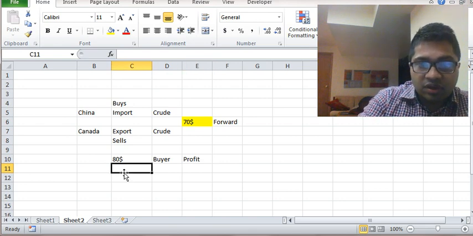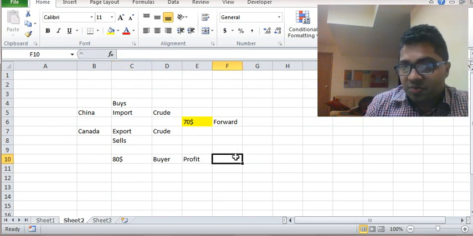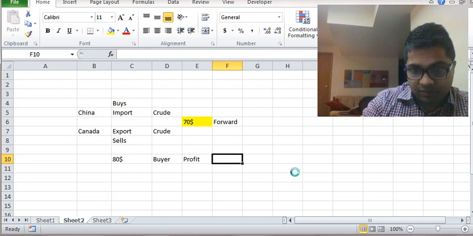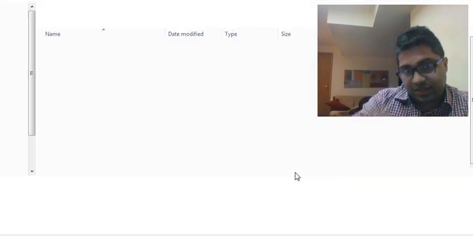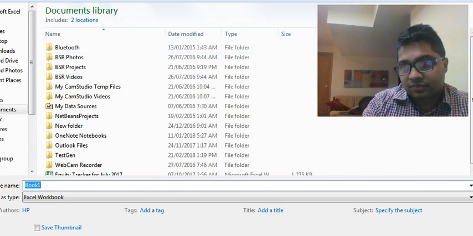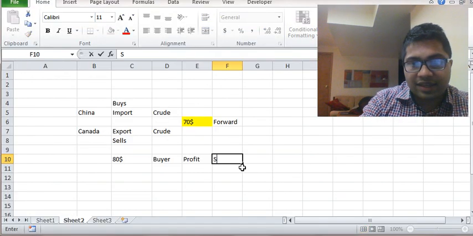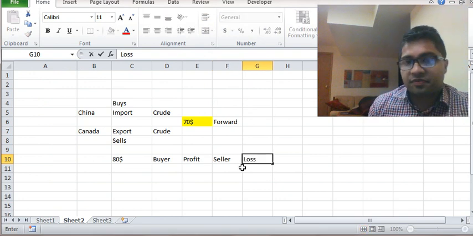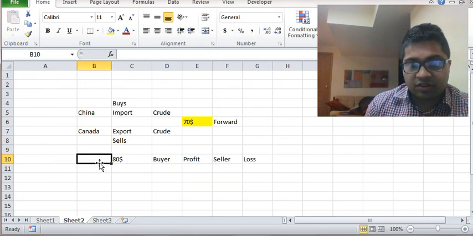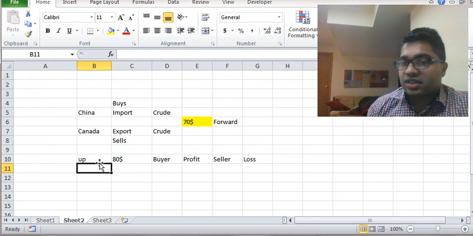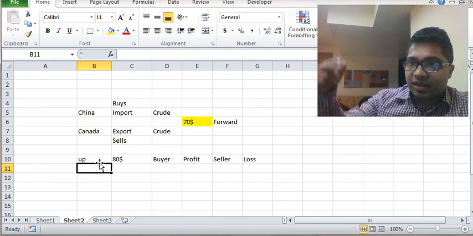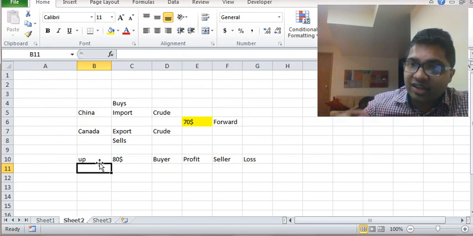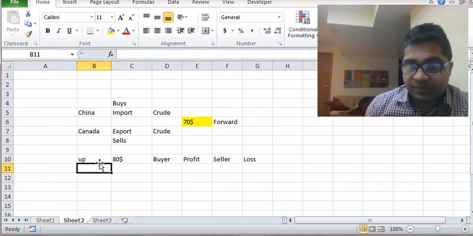In the same way, Canada loses money. So the seller makes a loss if the price goes up. So if the price goes up, China makes a profit because it can buy at a lower price. Canada makes a loss because it has to sell at a lower price than the market price.